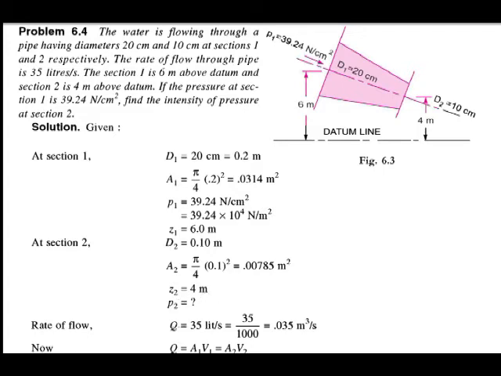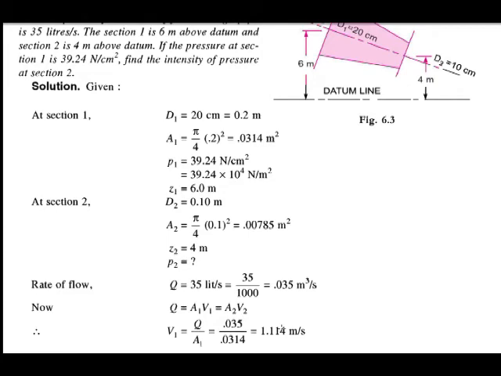P2 is what we have to find out. The rate of flow is given as Q equal to 35 liter per second. Converting it, 35 upon 1000 is equal to 0.035 meter cube per second.